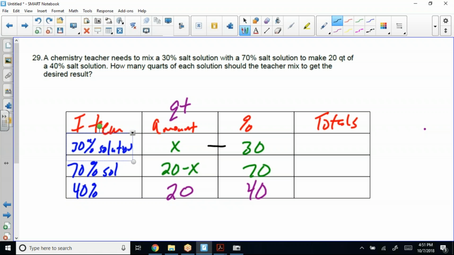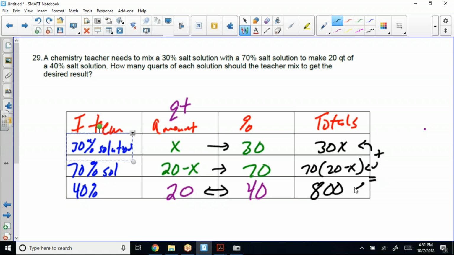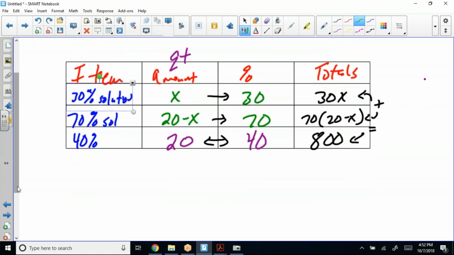We multiply across: X times 30 is 30X, and 70 times 20 minus X. And 20 times 40 is 800. So these two added together better equal that.